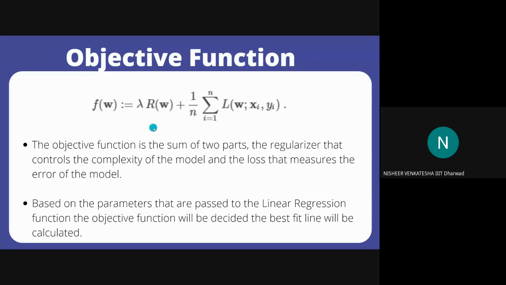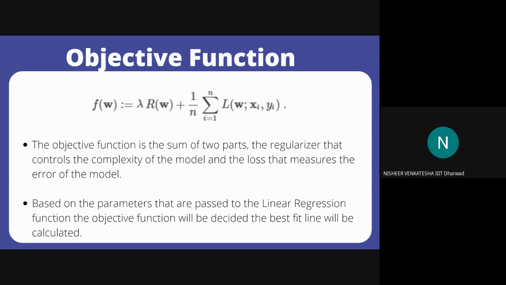So in the linear regression function, the objective function will be calculated. The objective function is a sum of 2 parts. One is the regularizer, which controls the complexity of the model and prevents overfitting. The other part is the loss function, which measures the errors of the model.